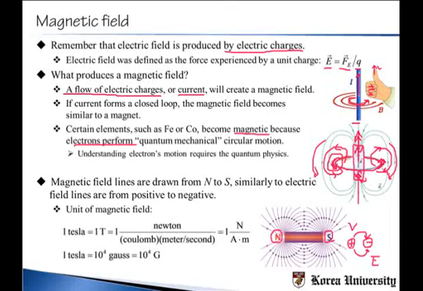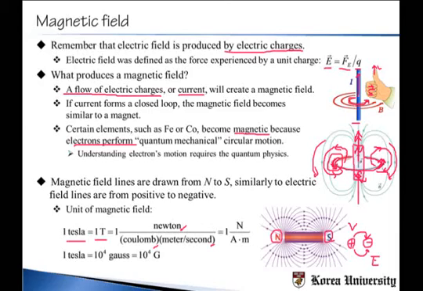Now we will try to express the magnetic field using mathematical equations. Before doing that, let's think about the unit of the magnetic field. For the unit of the magnetic field, we use T, which means the Tesla. 1 Tesla is equal to 1 Newton divided by Coulomb multiplied by meter per second.